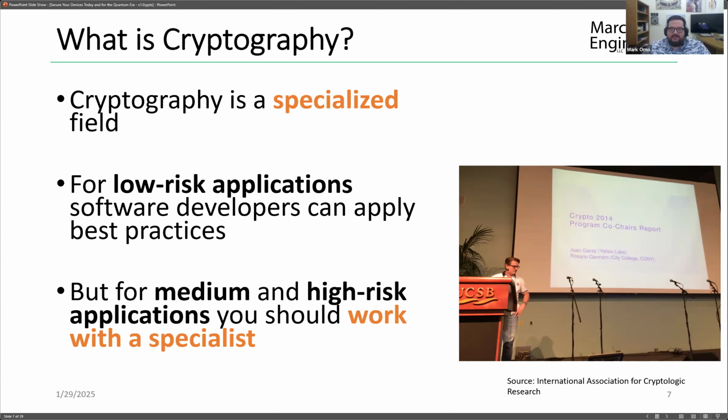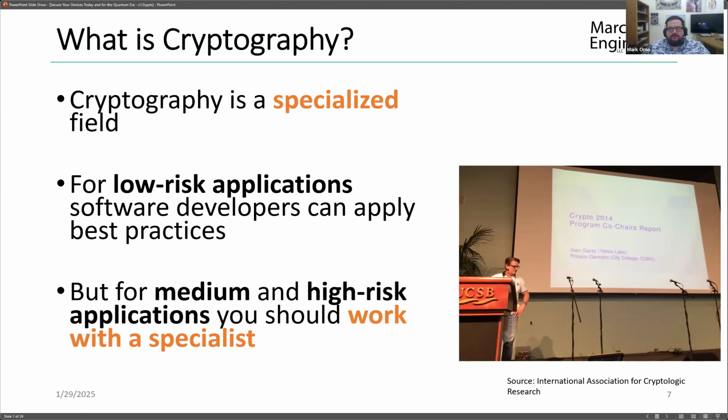And so for low risk applications, areas that are not highly critical, it's the kind of area where developers can apply existing software best practices. There are these well established patterns that people can use and apply and implement.